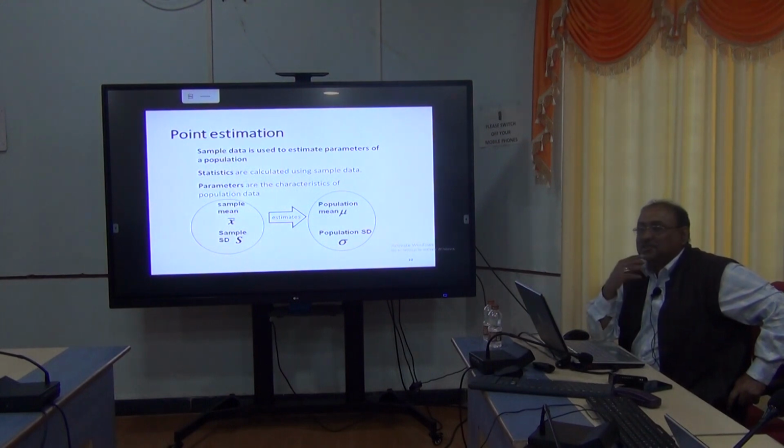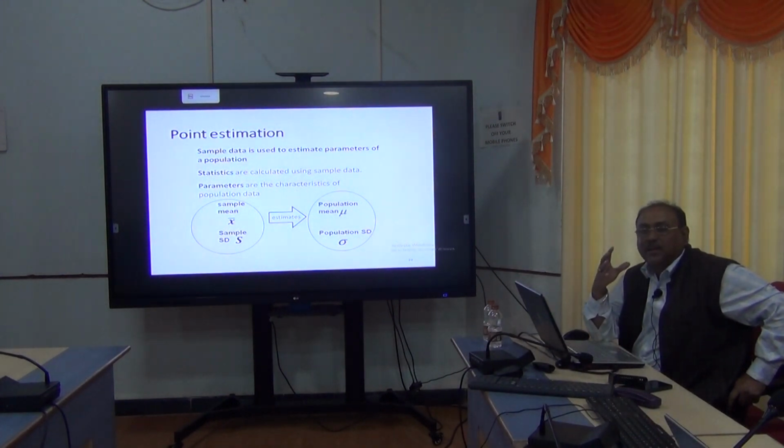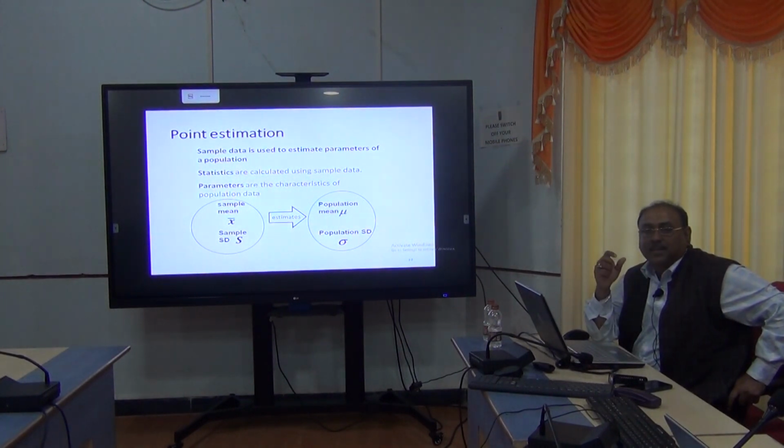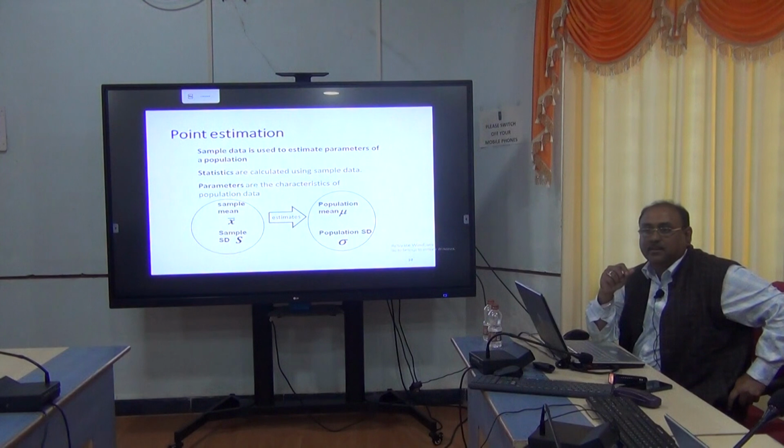Anybody else who has used this kind of formula, can you just quickly go? We will not spend much time on it. How have you fixed your sample size for your doctoral thesis? How have you done it?